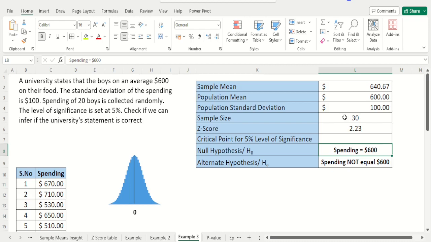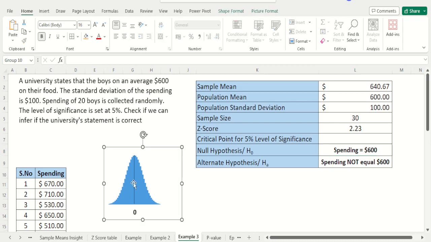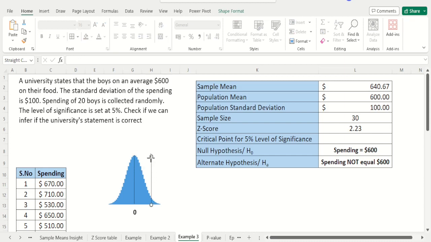So this problem does not have one rejection area. This actually has two rejection areas. If you were to visualize it, the right way of visualizing this is that we'll now have one rejection area to the right of this black colored line, and another rejection area which is anything to the left of this line.